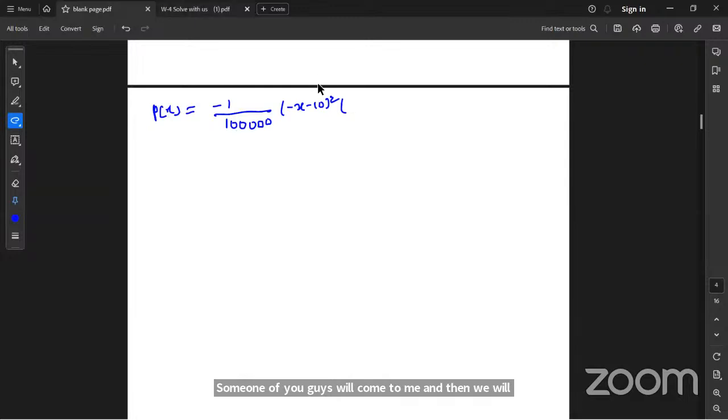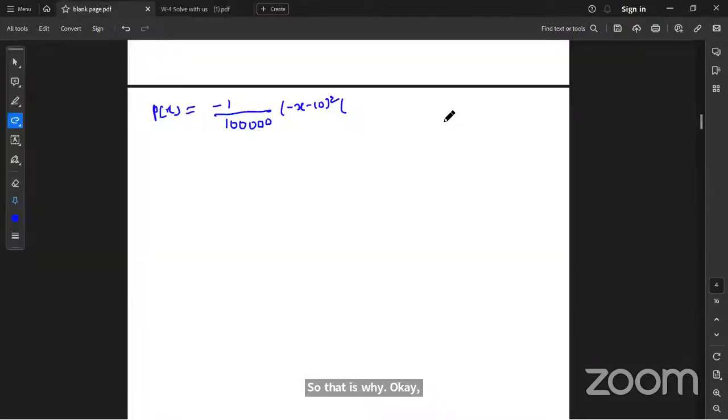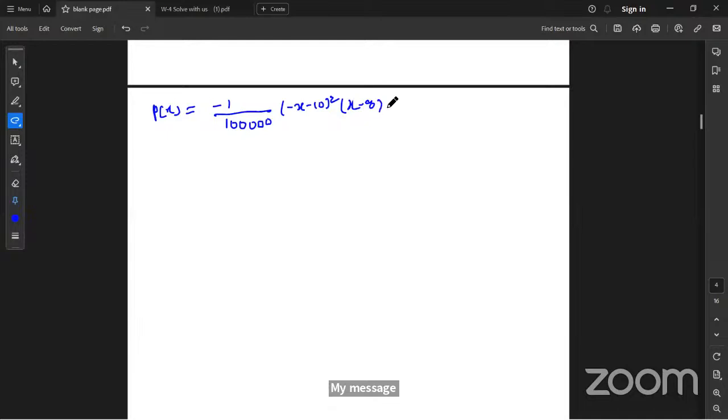Okay, x minus 10 square, then x minus 8, x minus 6, x minus 4, x minus 2, then x square and x plus 9. Right? This is the polynomial that you have.